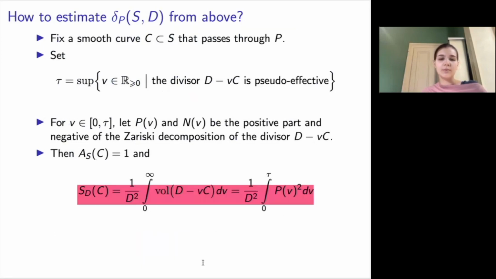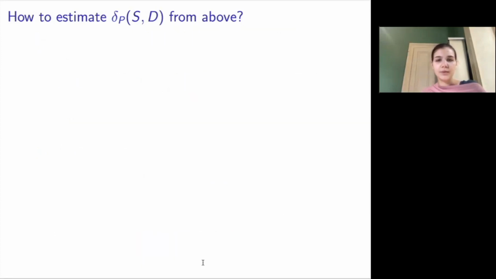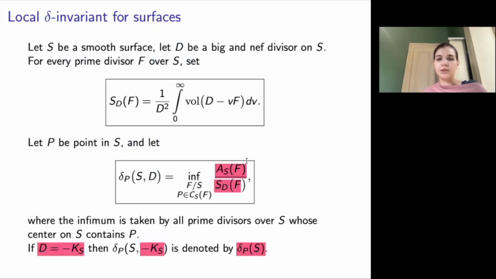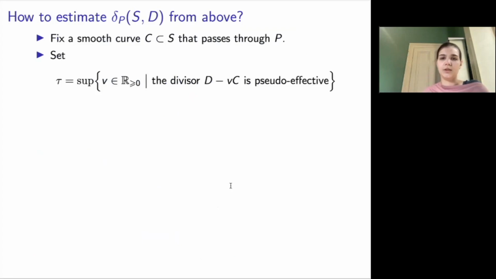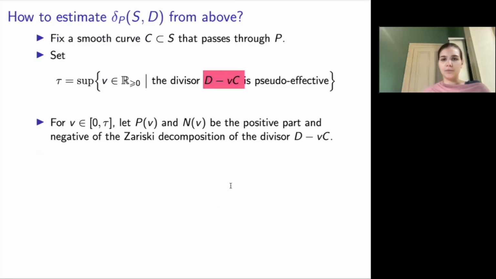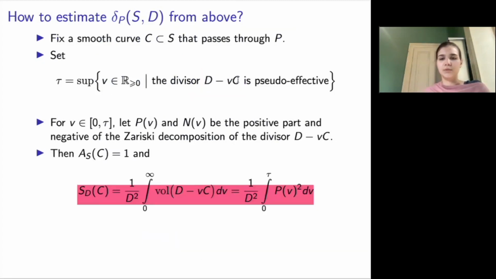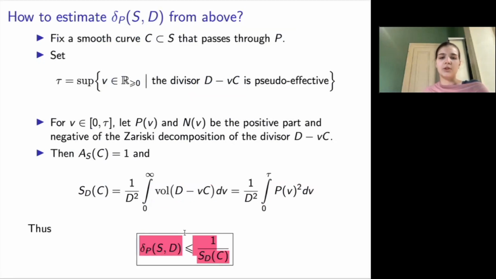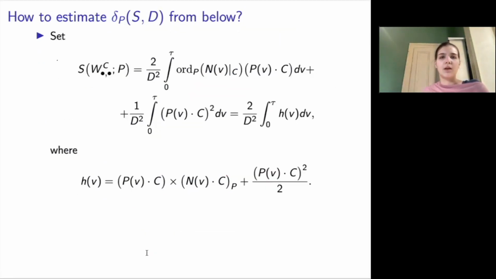Why is that? Because our local delta invariant was the infimum of this thing. So here we have just log discrepancy 1, and here it's the S integral, because our F in this case is the curve C, which belongs to the surface S. So this estimation we get directly from the definition.